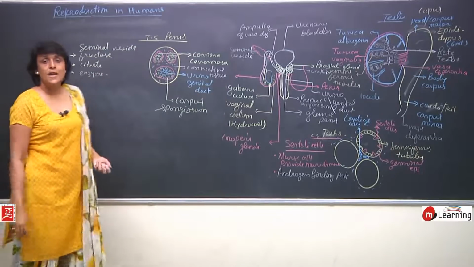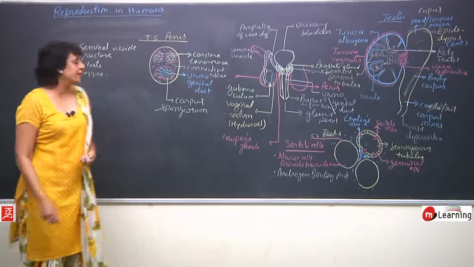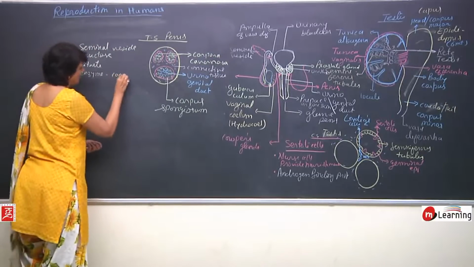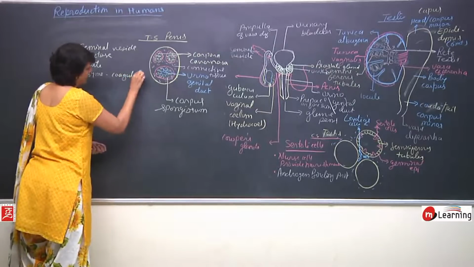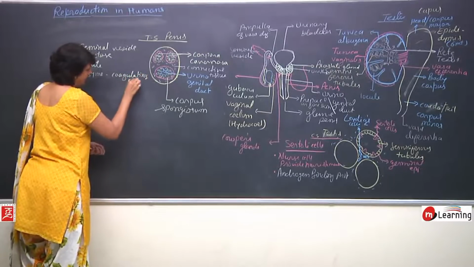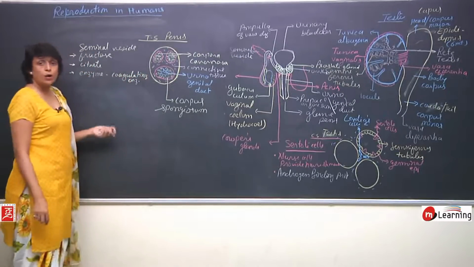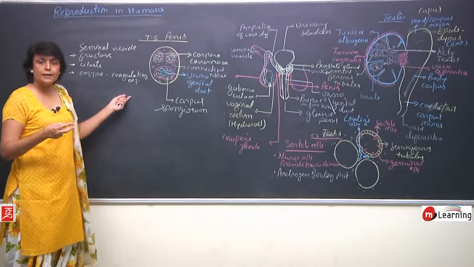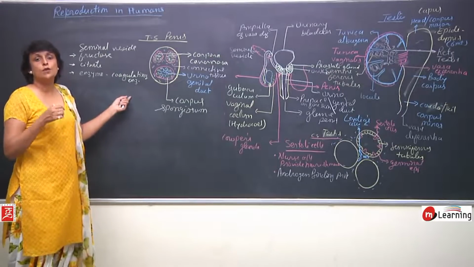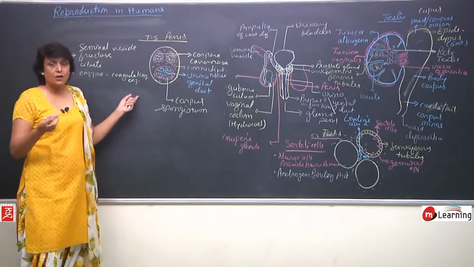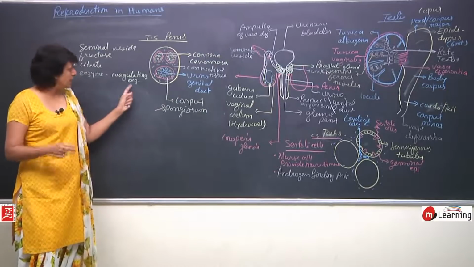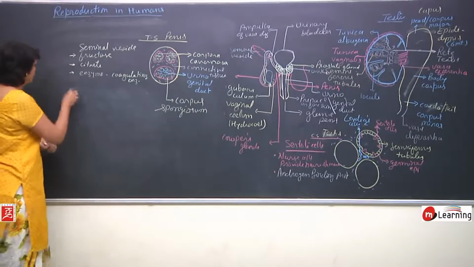These enzymes are coagulating enzymes. We will talk about these enzymes a little later when we come to the stage of fertilization. After insemination, before fertilization, we will again talk about these enzymes.